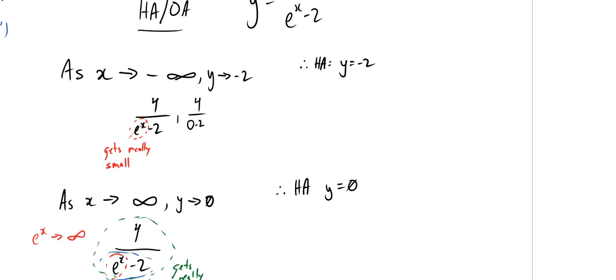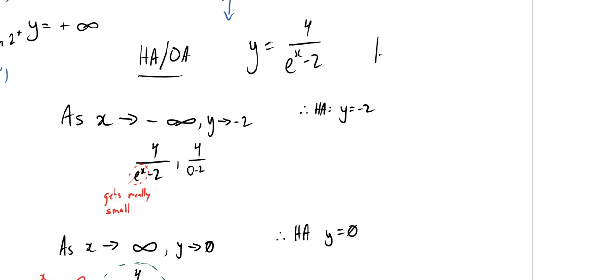Now we've got to do our testing behavior. So I'm going to let f of x equal y so that I can do this. In the past, we used values like 100 or maybe even 1,000, negative 100, negative 1,000 to do our testing. You might find those to be way too big, and the numbers will go off your calculator.